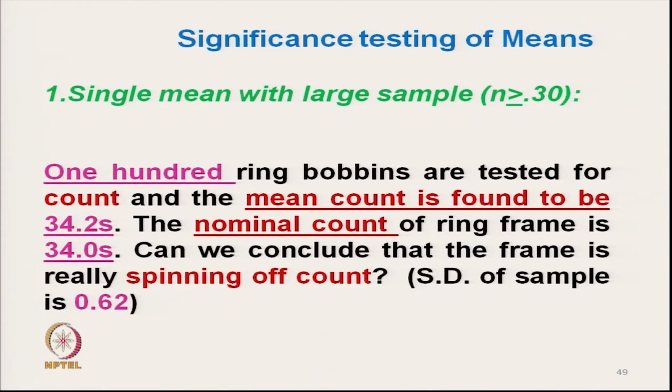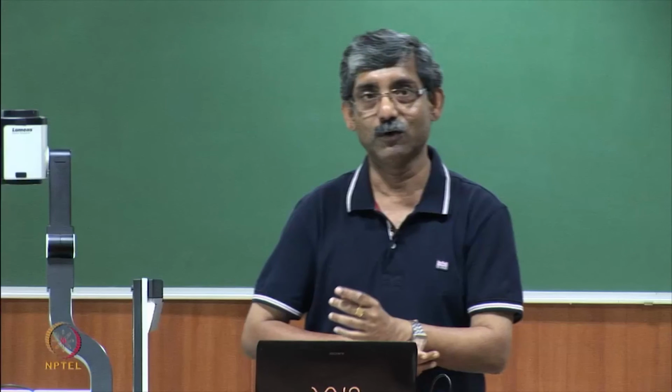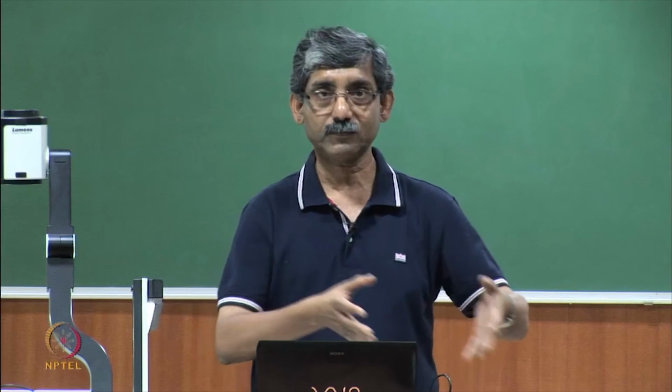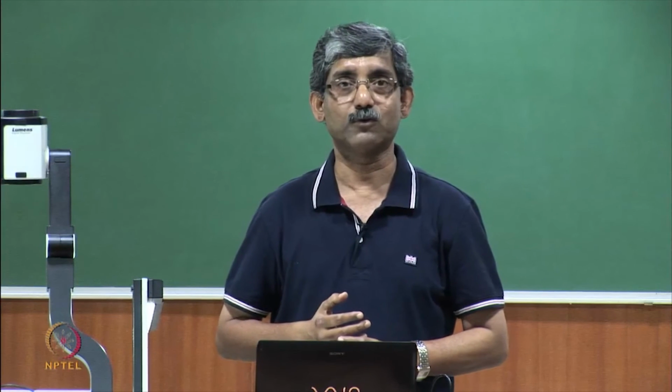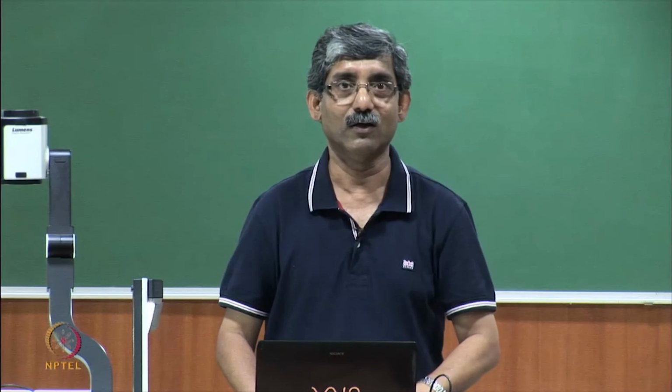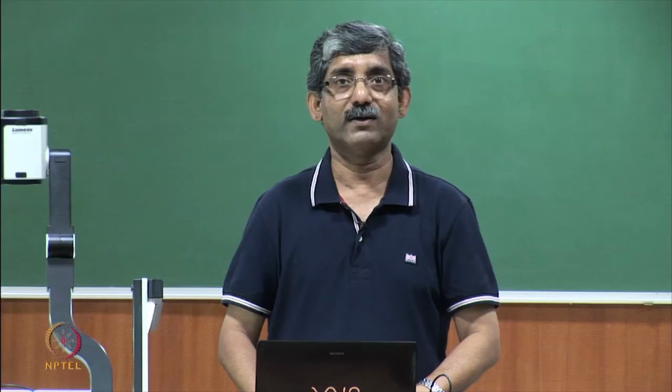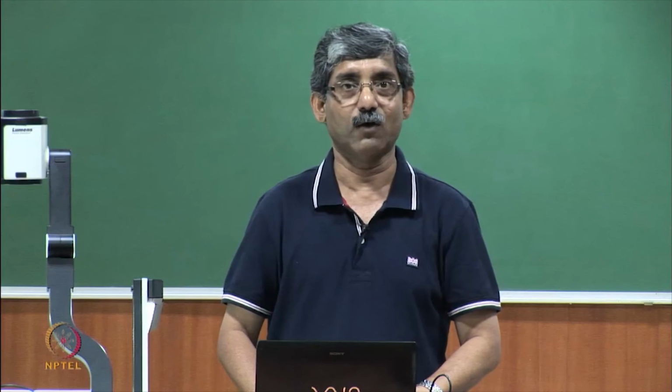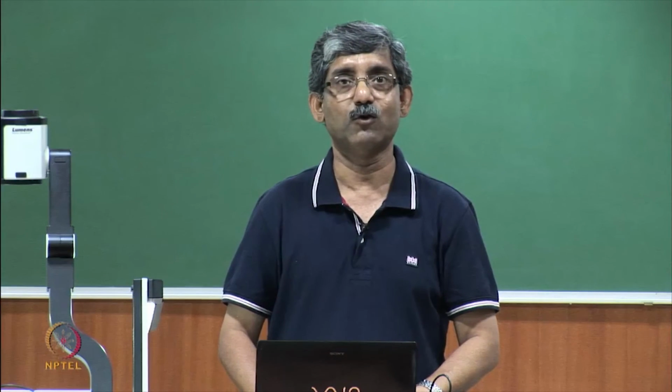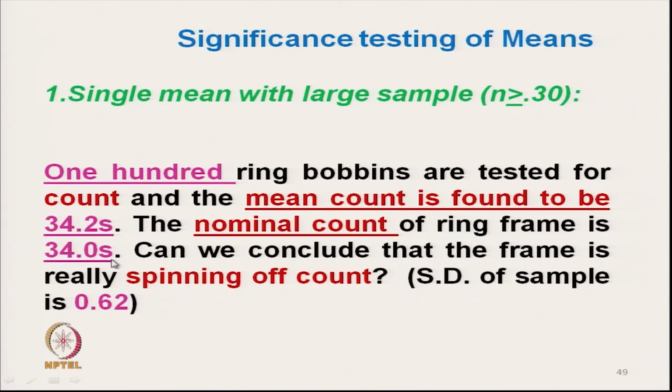Okay. Now, we have done all this numerical solved. This is for your homework. You can simply note down these numericals and test, you can try using the formula or theory, using all these problems we have solved. I will just read all these things. 100 ring bobbins are tested for count and the mean count is found to be 34.2.